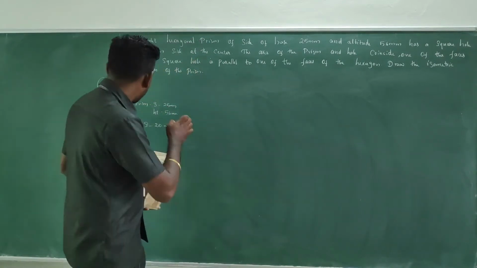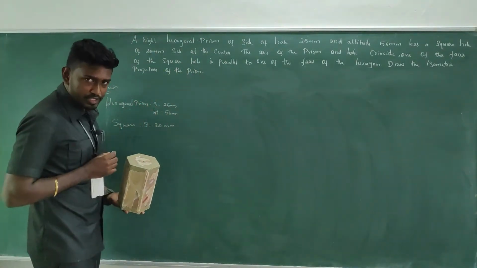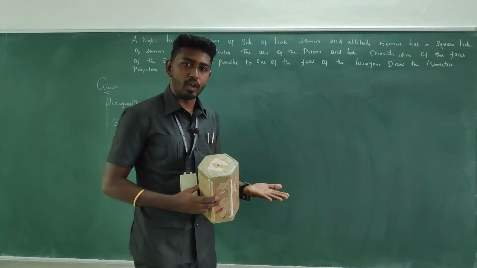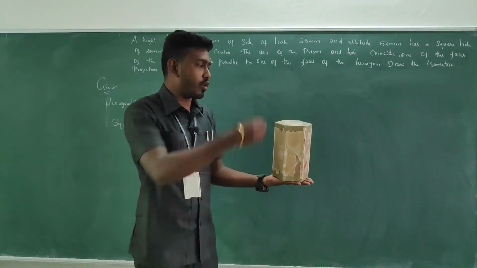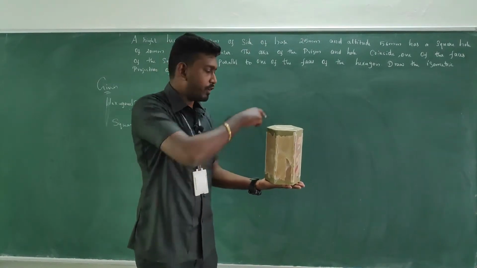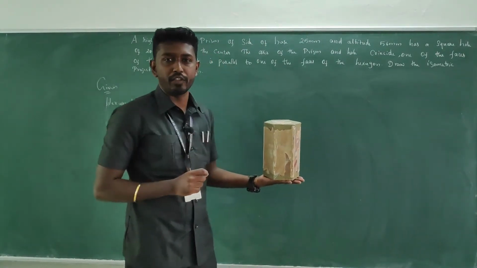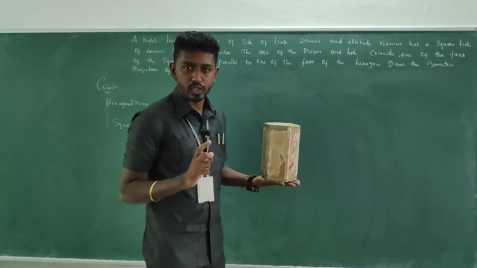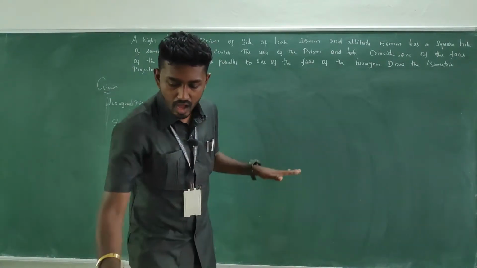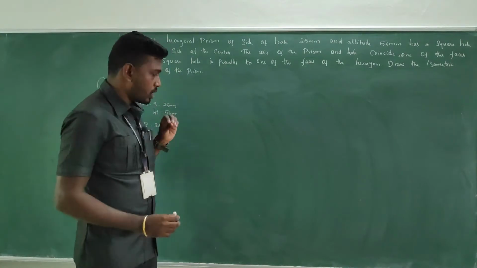Here the object is a hexagonal prism, so I am going to keep the object just on HP with its base. In the top view we can see the true shape of the object, and in the front view we can see the height of the object. This is the simple position as per the orthographic method.